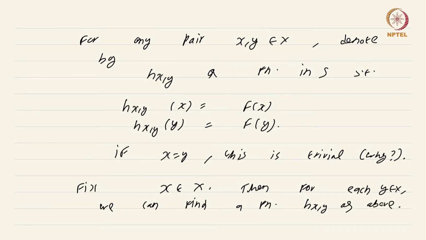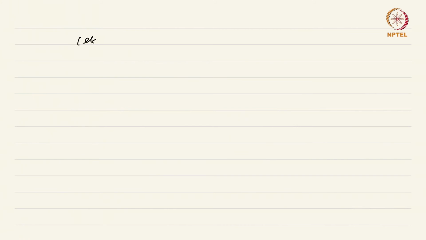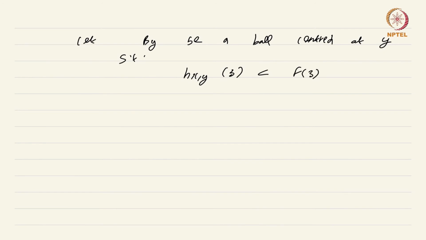Okay, now let B_y be the neighborhood or a ball centered at y such that h_{xy} of z is less than f of z plus epsilon for all z in this ball B_y. Okay, what am I saying?